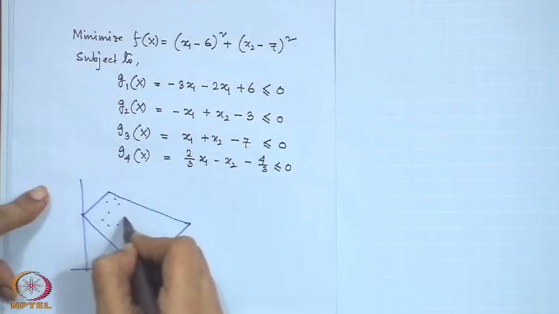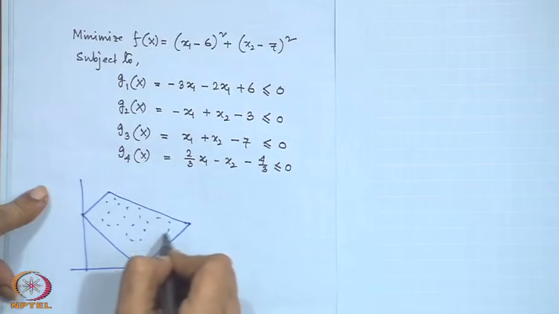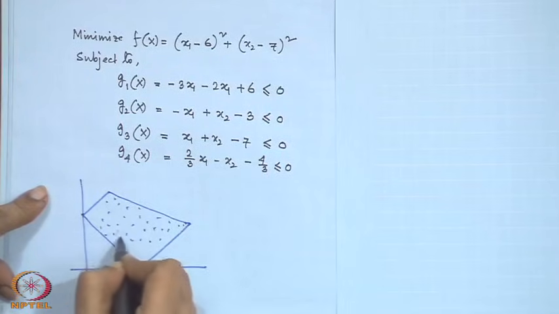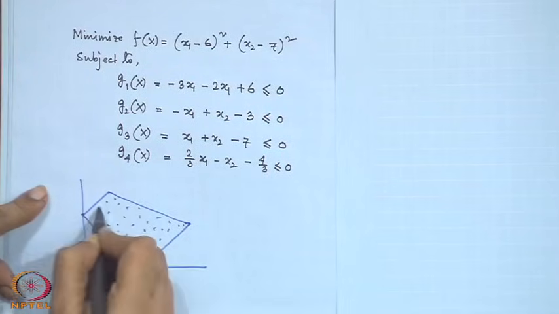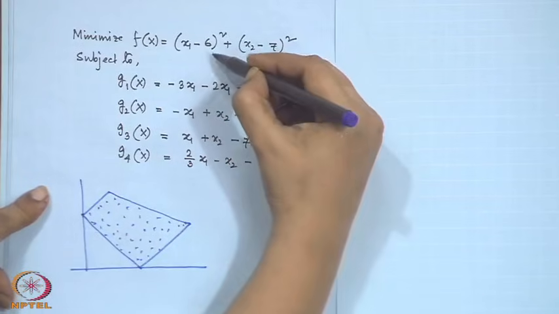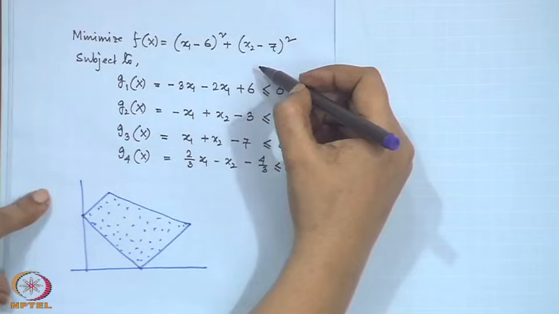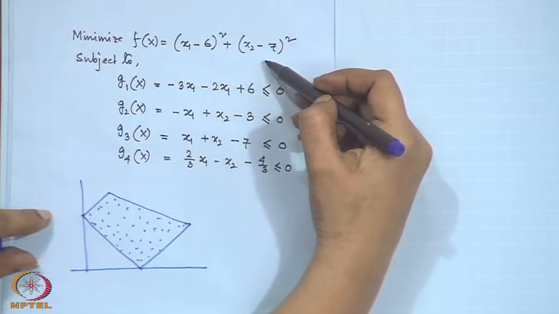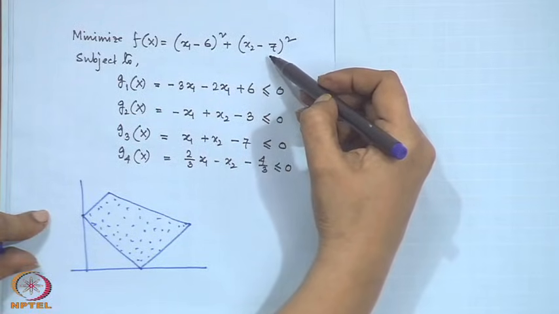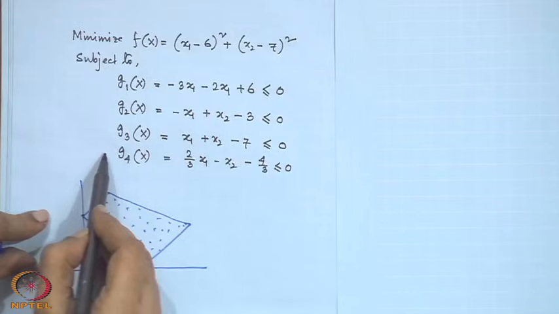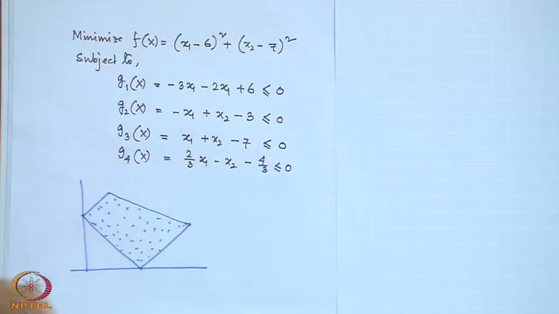This will be the feasible space, and the objective function has contours of circles centered at 6, 7. That is why the circles would be like this. These are the contours of circles.